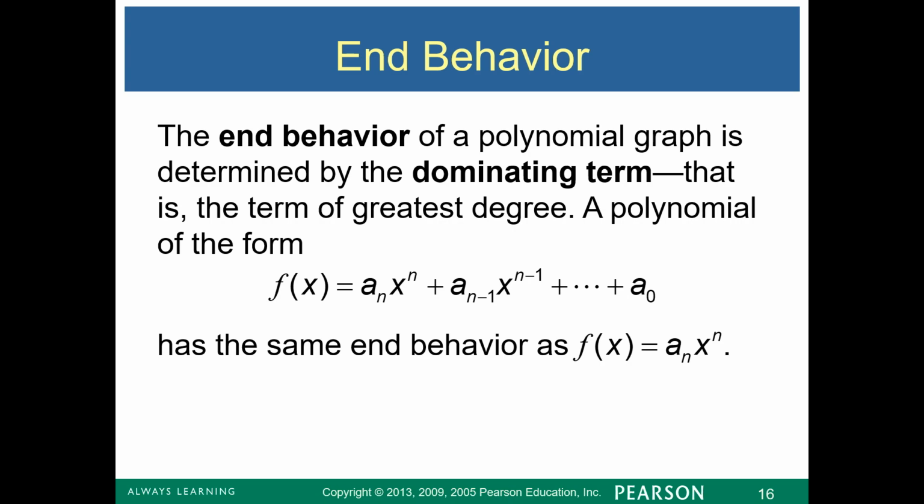So now here, this is a polynomial function f(x) equal to a_n x to the power n plus a_(n minus 1) x to the power n minus 1 plus and so on plus a_0. So this a_n x to the power n is the dominating term, because this is the term of greatest degree. Are you with me? You understand the dominating term, right? The term of the polynomial function with greatest degree.